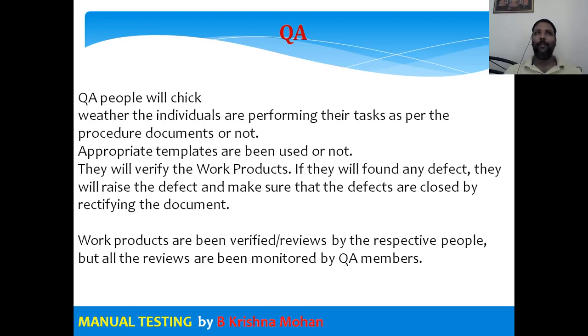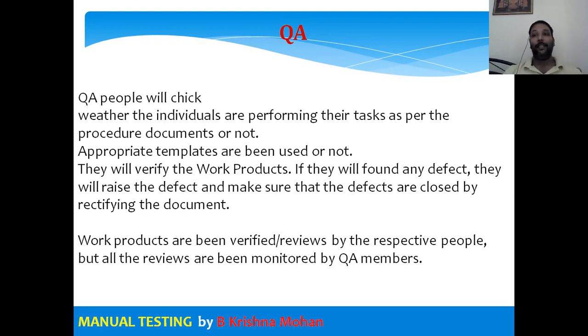So they have to identify the root cause of the defect. Suppose in the design documents there is a defect. Then they will ask the author. Who will be the author for the design documents? The chief architect. He will ask the architect, the author of the document, why you got the defect. Then he will say, okay, in SRS it is written like this, that's why I have designed it this way. So they will refer back to the SRS.